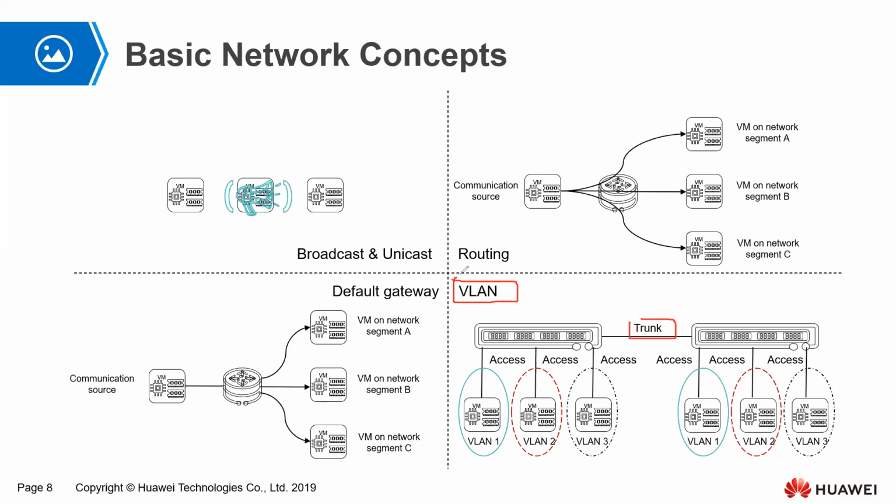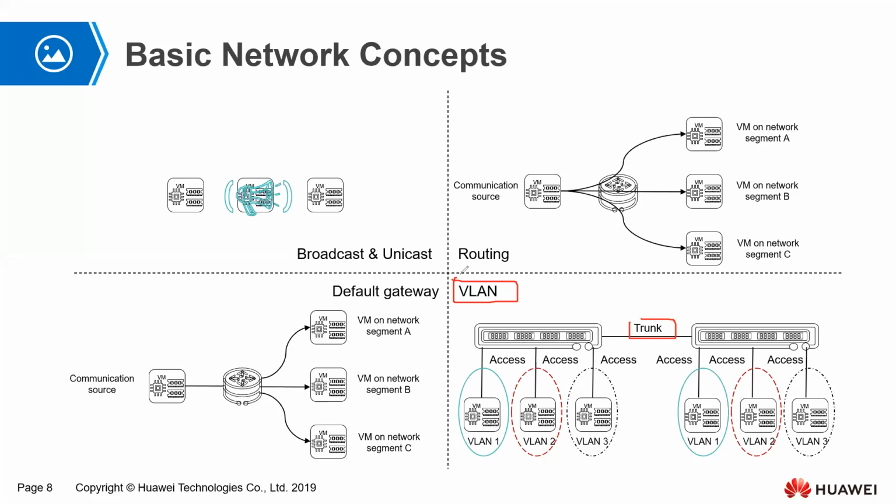So the devices within the same virtual local area network can communicate with each other using their MAC addresses, while those in different virtual local area networks cannot. They are treated as if they are in different networks.